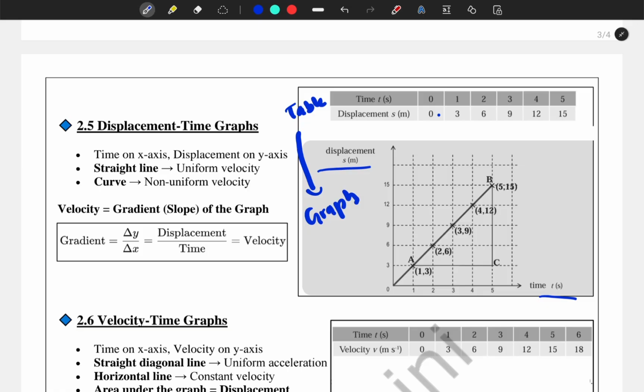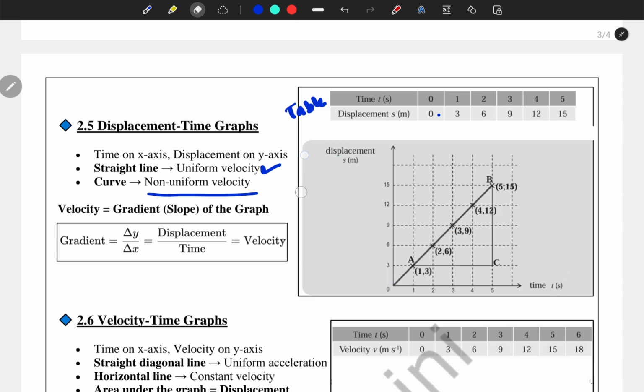If it is a straight line in a displacement time graph, what it really means is uniform velocity. Remember, if it is a straight line, that means uniform velocity. If it's curvy or something, it is non-uniform velocity.